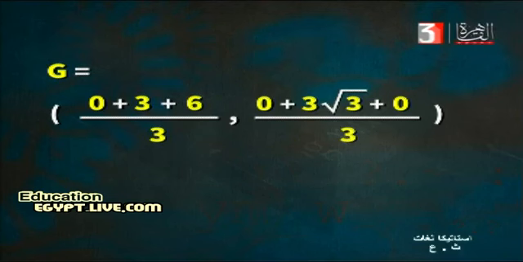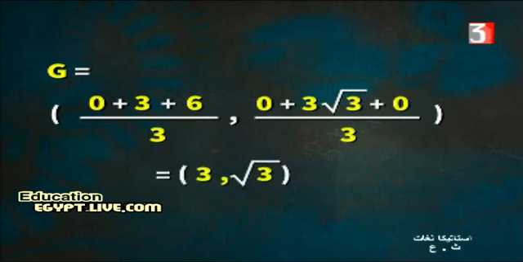We have 3 vertices A, B, and C. We calculate x1 plus x2 plus x3 over 3, y1 plus y2 plus y3 over 3 to determine the center or centroid, 3 root 3.